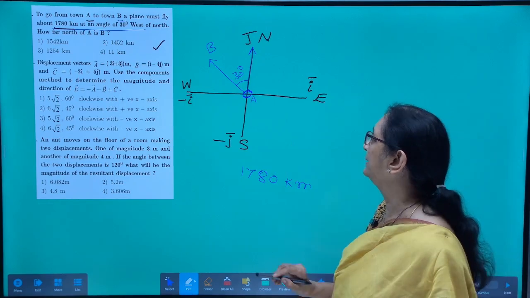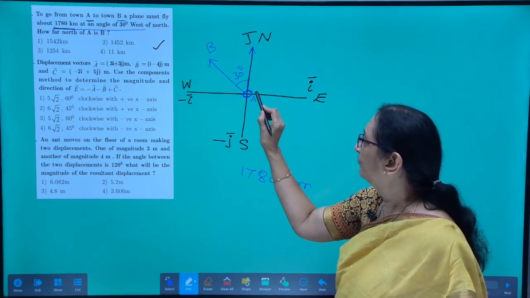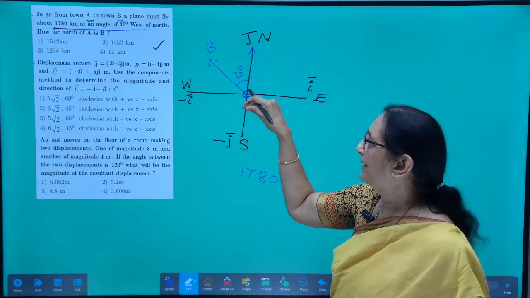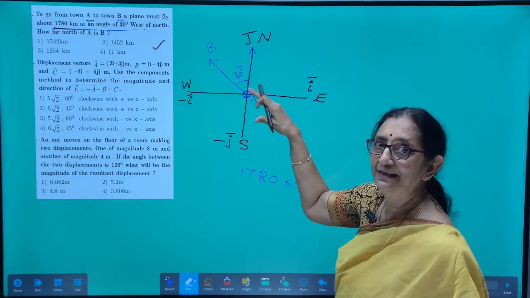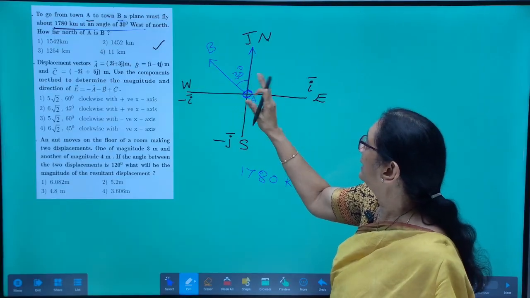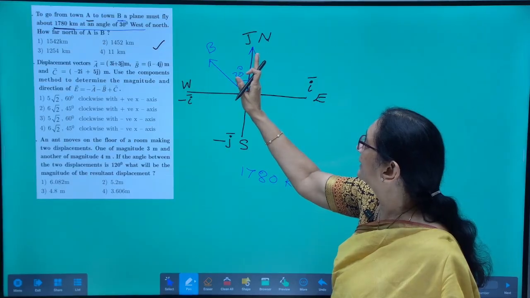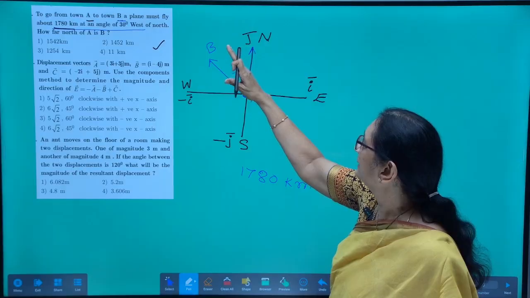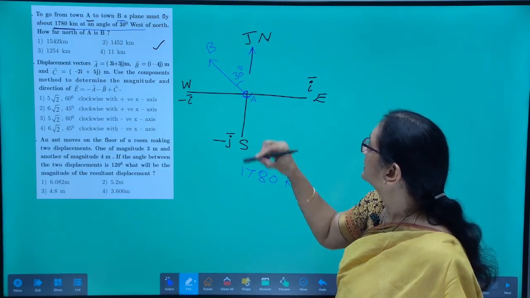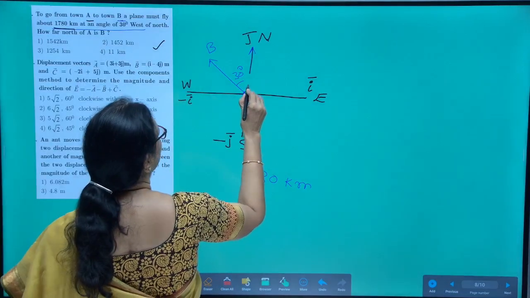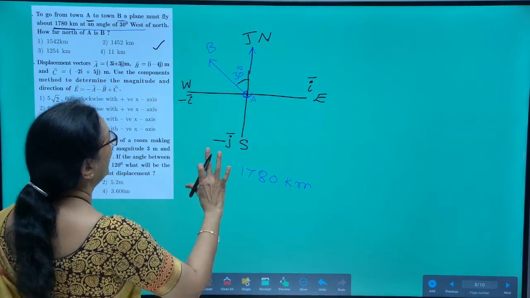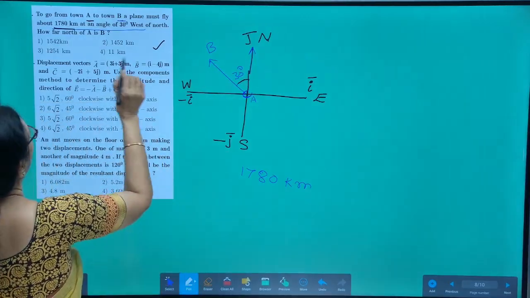Here in the problem it is given that to move from town A to town B, the plane has to fly in a direction 30 degrees west of north. This is the north direction, 30 degrees west of north. So, what is asked in the question?